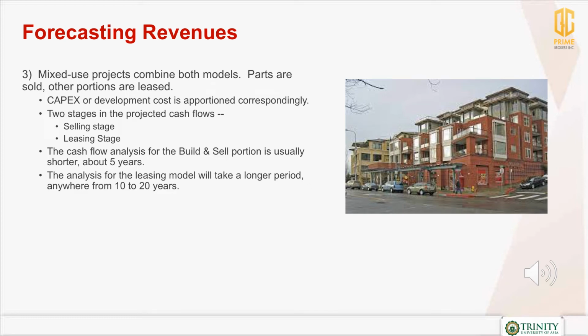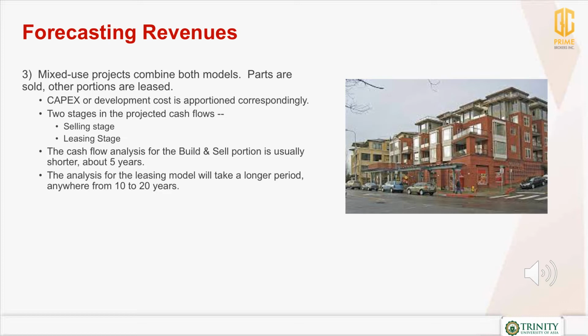In mixed-use projects, we combine both models. Some parts are sold, other portions are leased. Here, the capex or development cost is apportioned correspondingly between the for sale and the for lease portions. There are two stages in the projected cash flows.